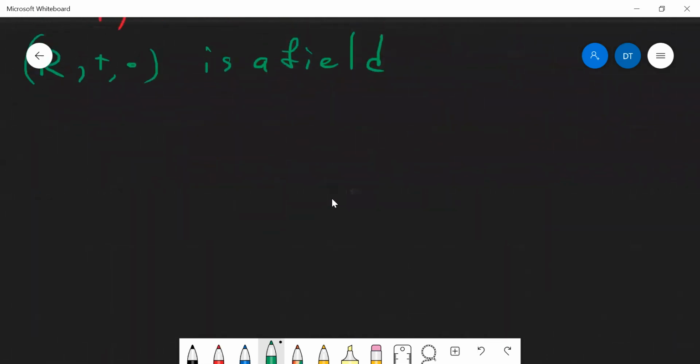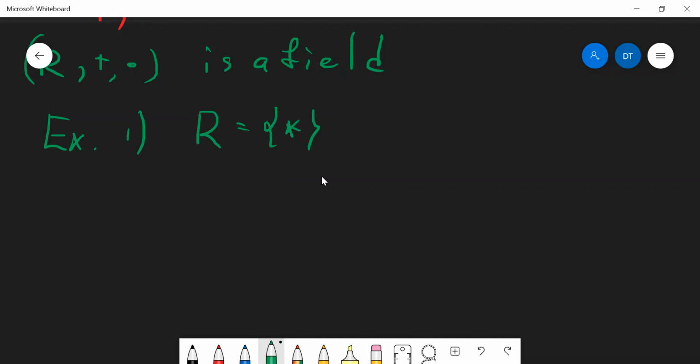As usual, when we see an abstract definition, it's very helpful to see at least a couple of examples. So examples. Example number 1. Let's take a 1-point set. So R is just a set consisting of just one element, and I'm going to denote this element by the star.